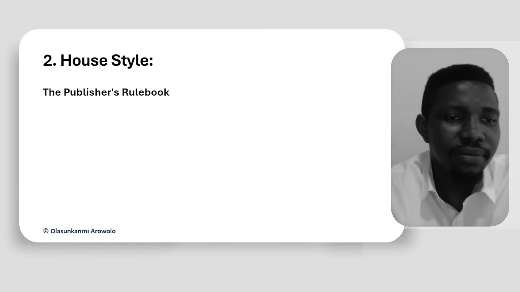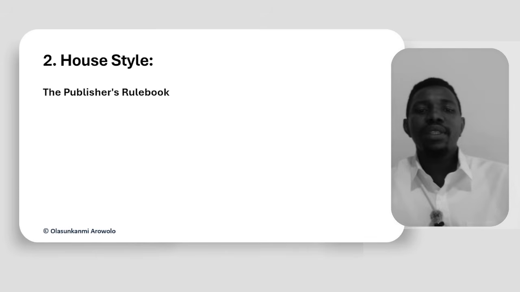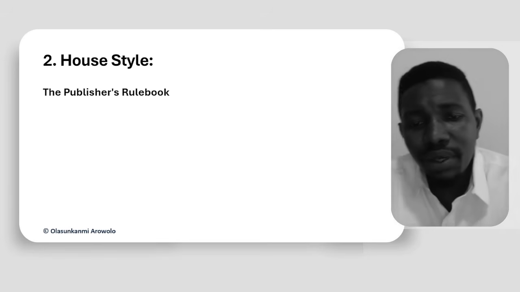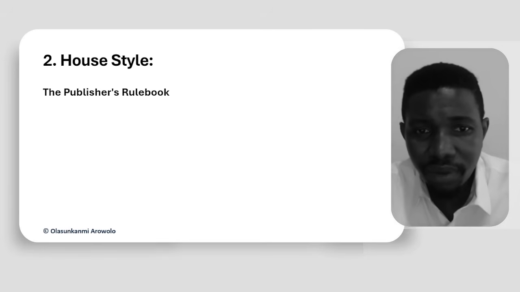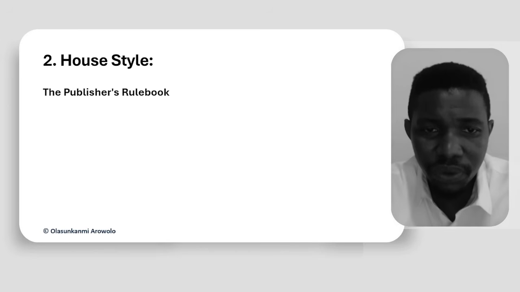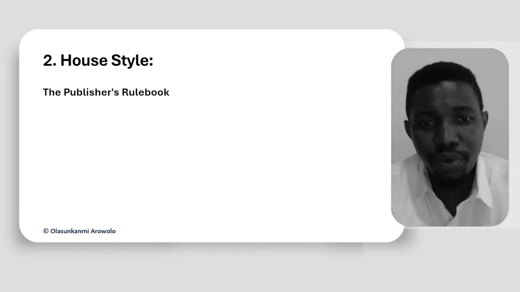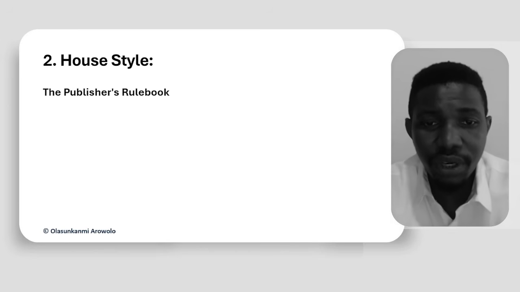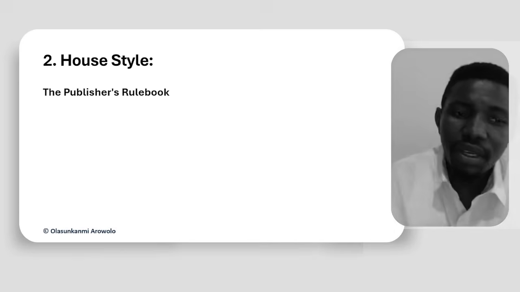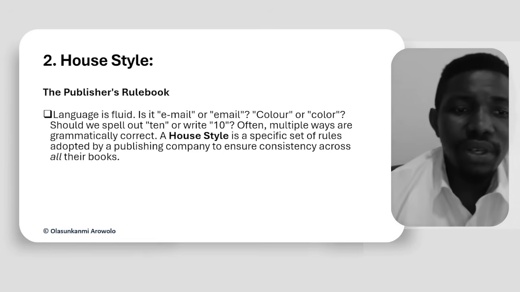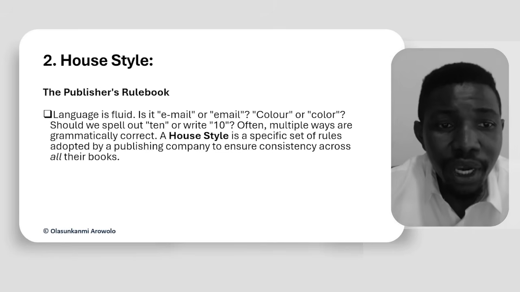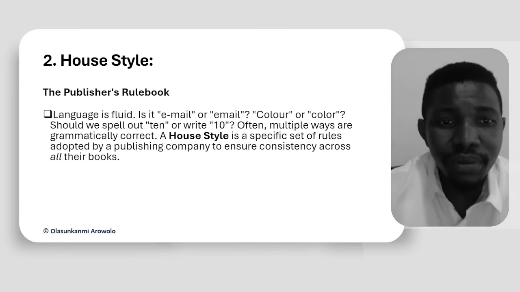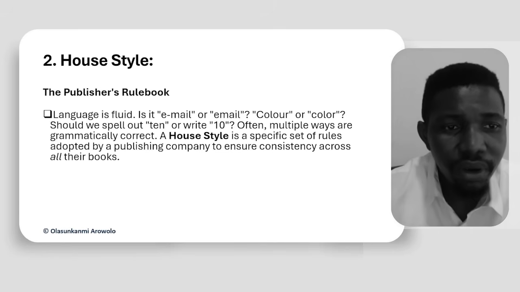To the next slide, the house style. House style is a publisher's internal mechanism of keeping the rules. Call it an internal rule book. Now, language is fluid. Is it email or e-mail? Is it color or colour?